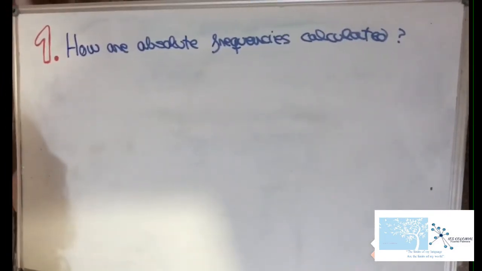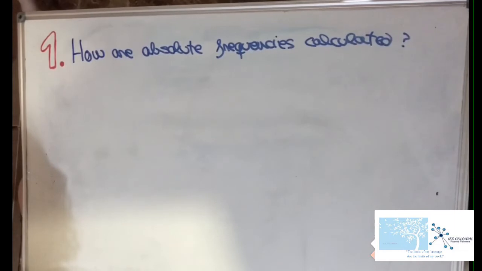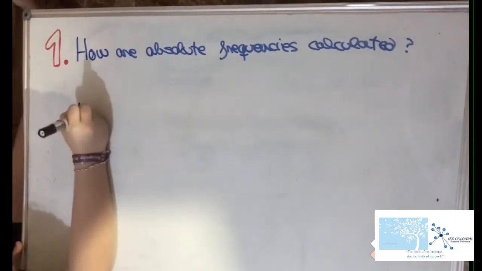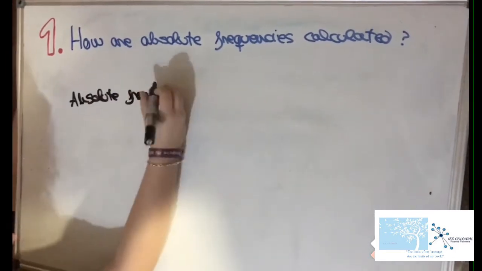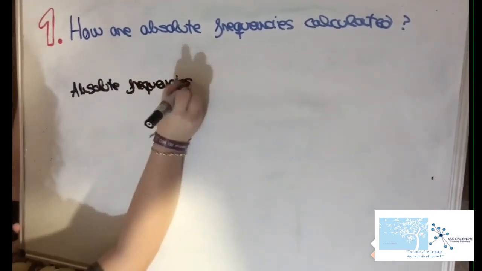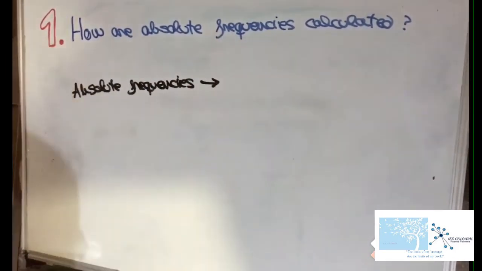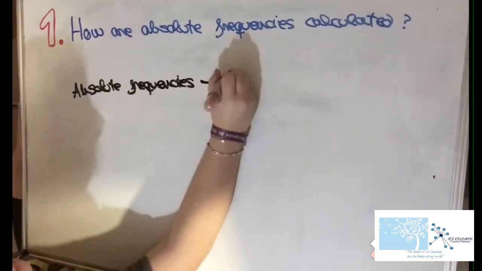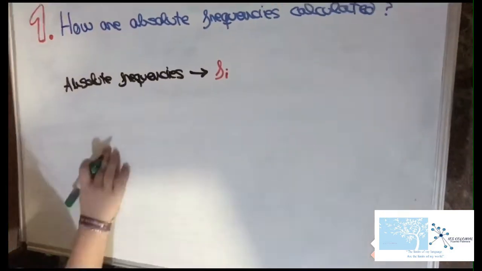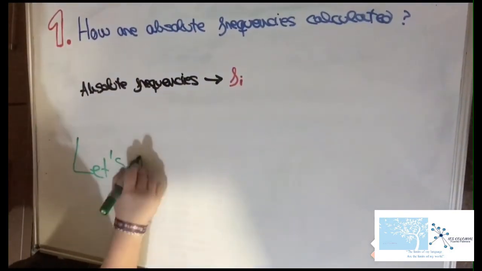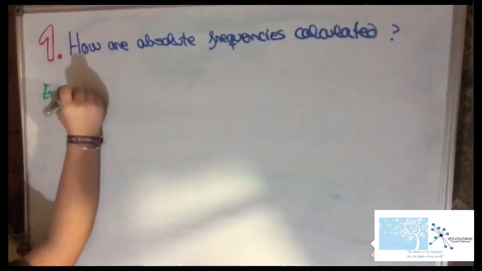How is absolute frequency calculated? The absolute frequency of a dataset is the number of times each value of the variable xi is repeated in the total data. Absolute frequency is denoted as fi. Let's look at an example.